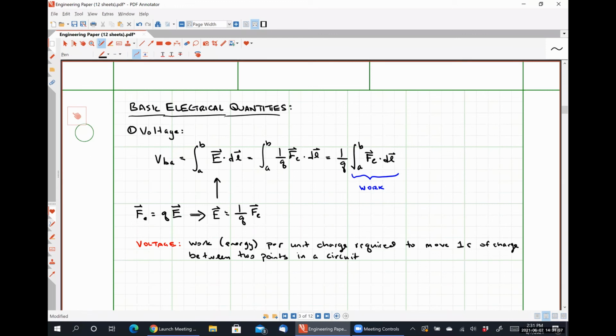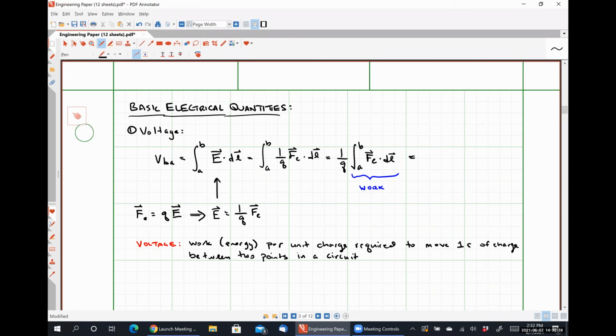Now, if we look at our line integral representation again, we can also determine a second definition for voltage, okay? And this one is actually fairly straightforward just by understanding what a line integral is. And also it helps that we know what work is.